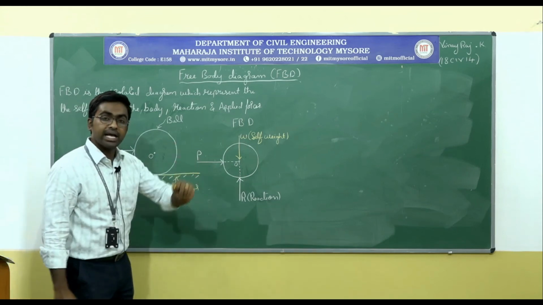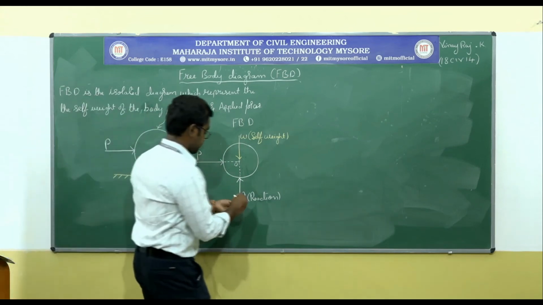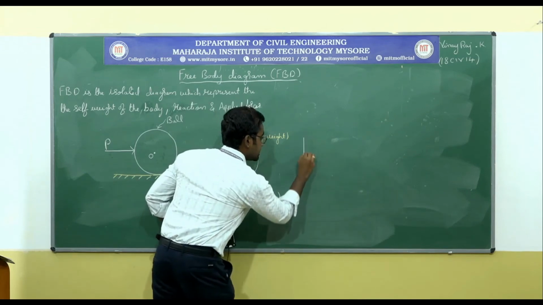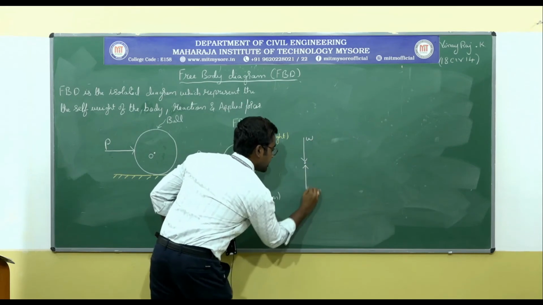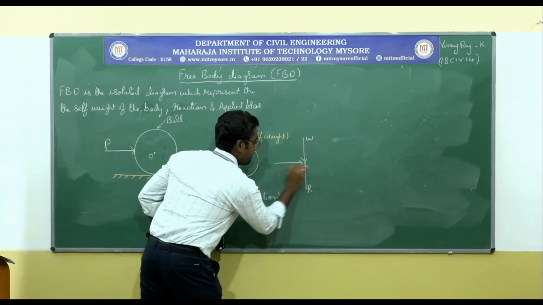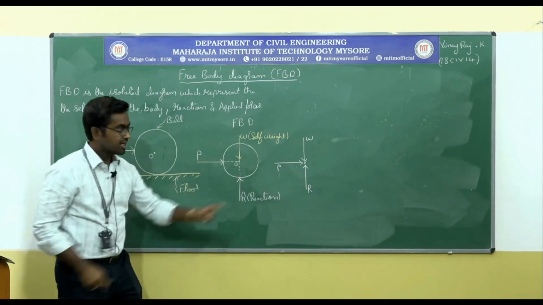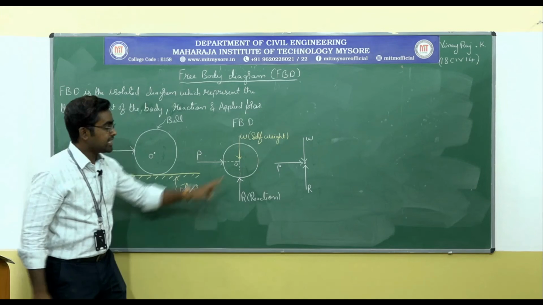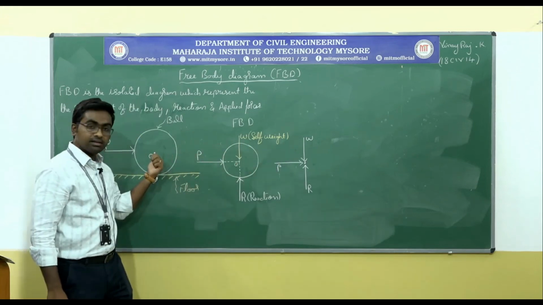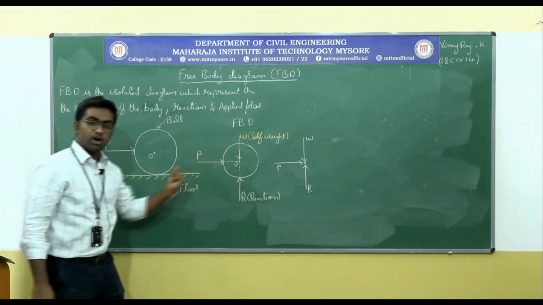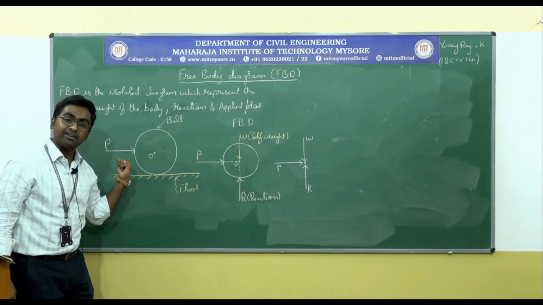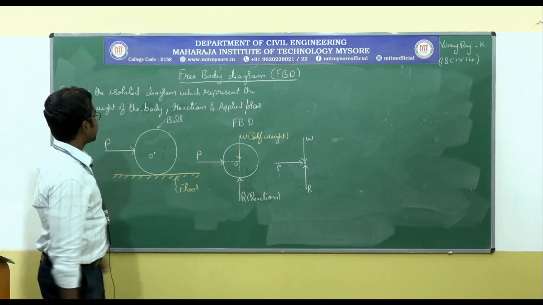Even this free body diagram can be represented like this. See, this is the point O and this is W, that is the self weight. This is the reaction, that is R, and this is the applied load P. See, this free body diagram is representing the self weight of the ball, the reaction which is offered by the floor, and this is P, that is the applied force. That is what I said here.